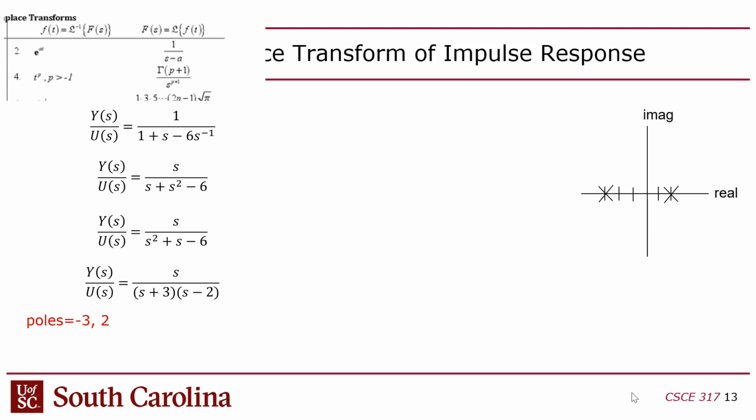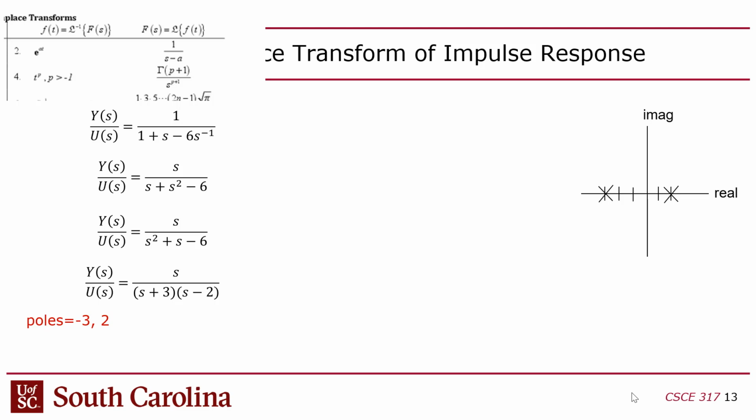So the question is, if we can express this equation in terms of 1 over s minus a, then we can just use this inverse Laplace. The problem is that obviously this doesn't match that. This is s over a quadratic, while this is 1 over s minus a, like a constant over s minus a.